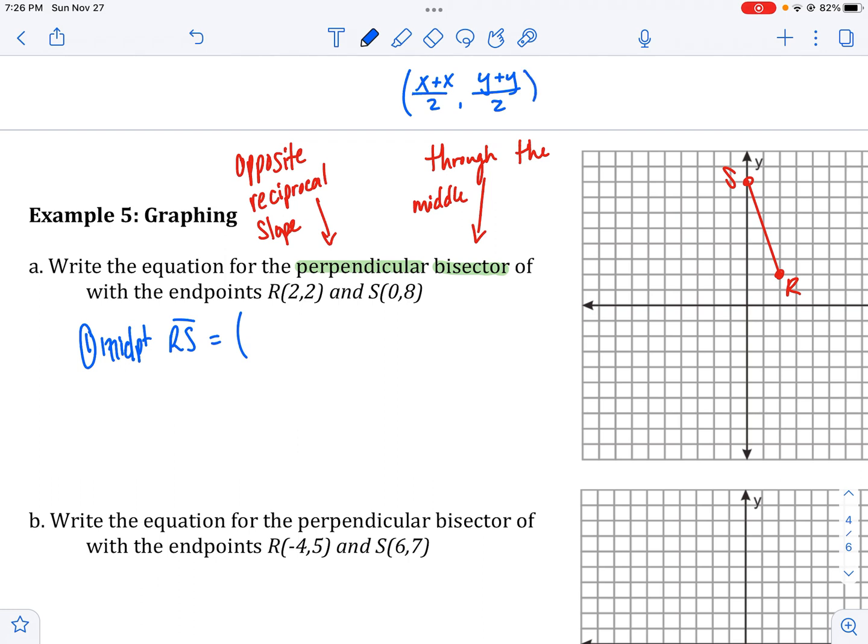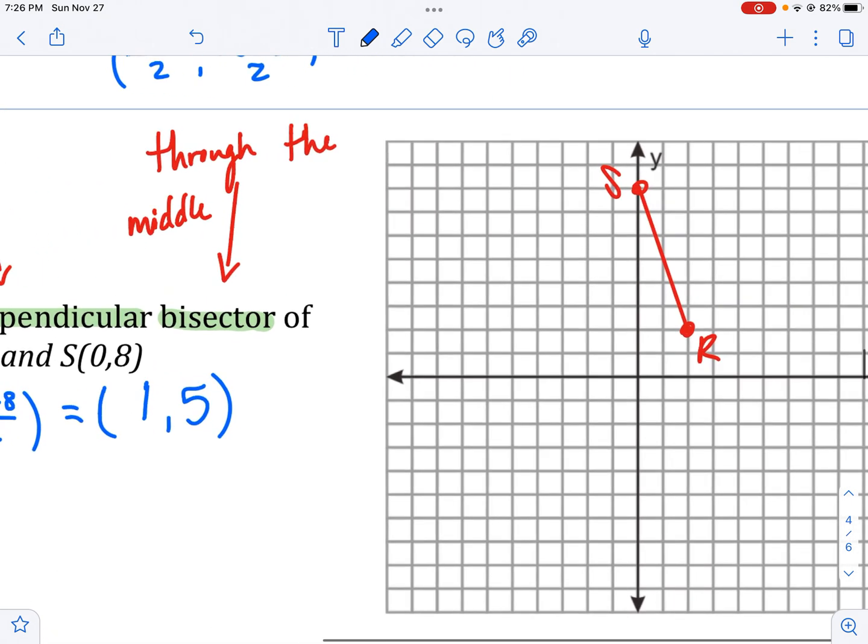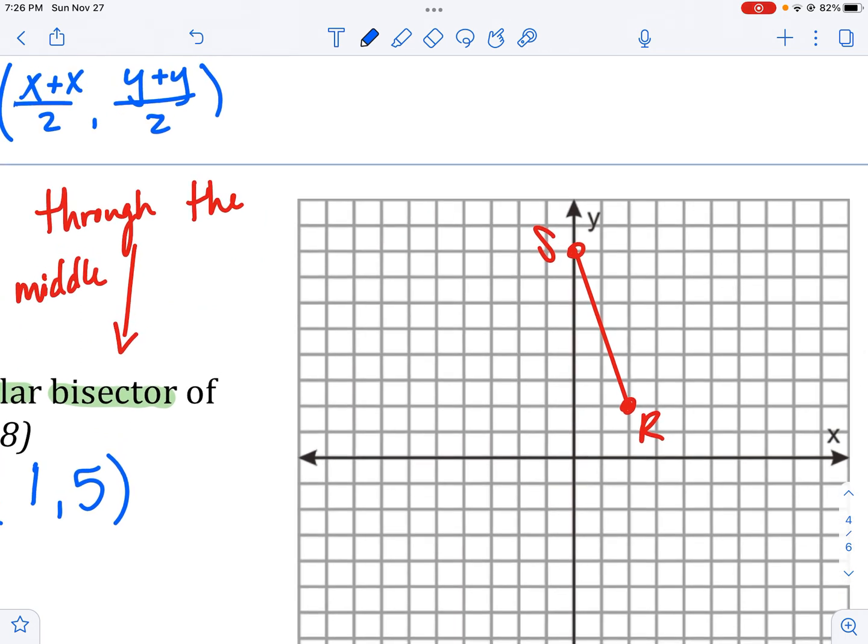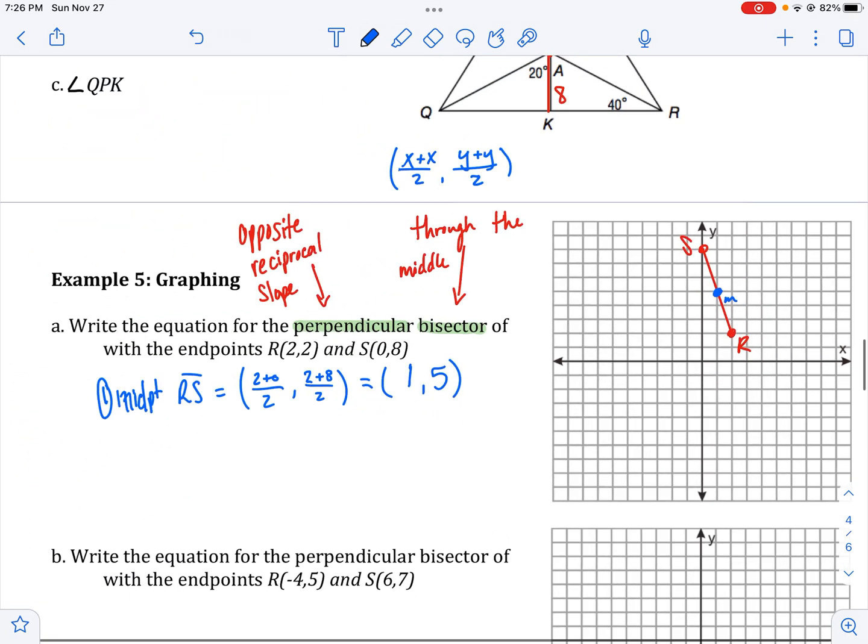So I would add 2 plus 0, divide by 2, and add 2 plus 8, and divide by 2 to get my midpoint of (1, 5). So I got a midpoint of (1, 5). So let's plot that. Maybe I'll label that as M, just for midpoint.